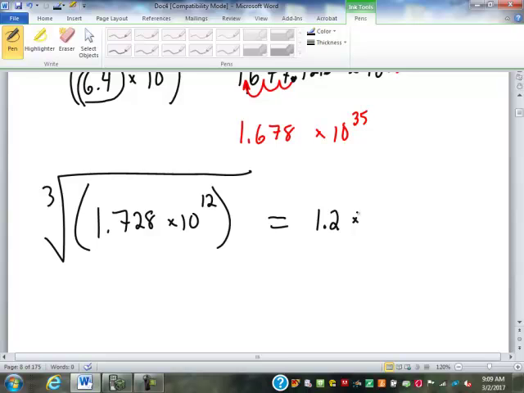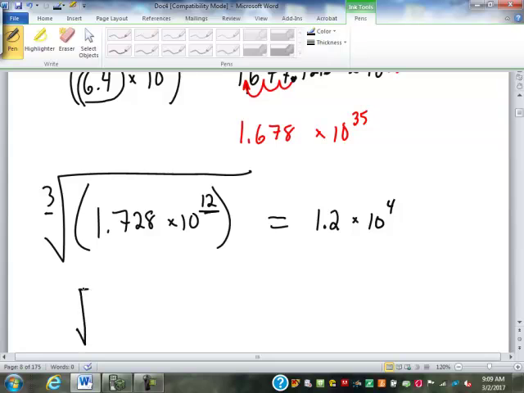Good. How do we deal with that 10 to the 12th? Exactly. We divide the powers. 12 divided by 3 is 4, 10 to the 4th. If we're doing a power of a power, we multiply the powers. If we're doing a root of a power, we divide the power by the index of the root.